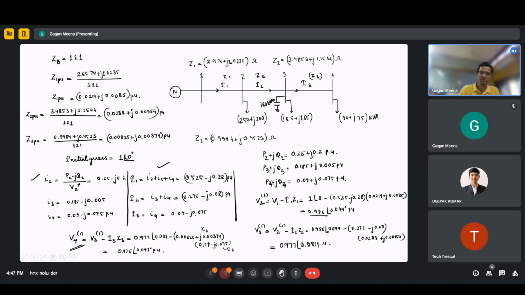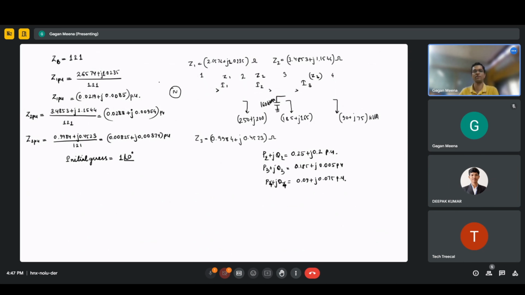Yes, this is correct. So now we have to calculate the active power losses in branch 3. So this is branch 3.